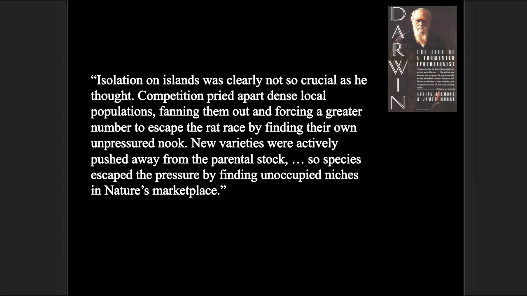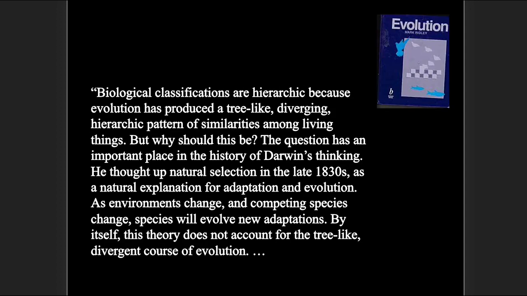Isolation on islands was clearly not so crucial as he thought. Competition pried apart dense local populations, fanning them out and forcing a greater number to escape the rat race by finding their own unpressured nook. New varieties were actively pushed away from the parental stock, so species escaped the pressure by finding unoccupied niches in nature's marketplace. Okay, so there's the historical description of Darwin's thinking at the time.